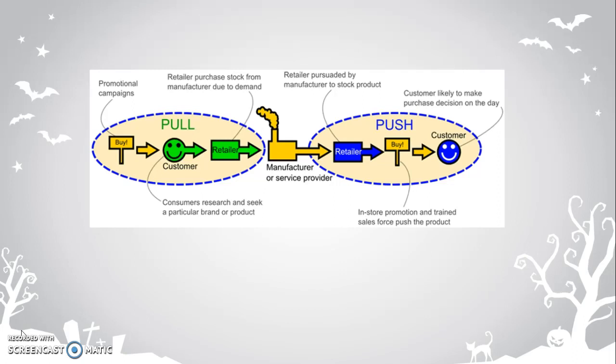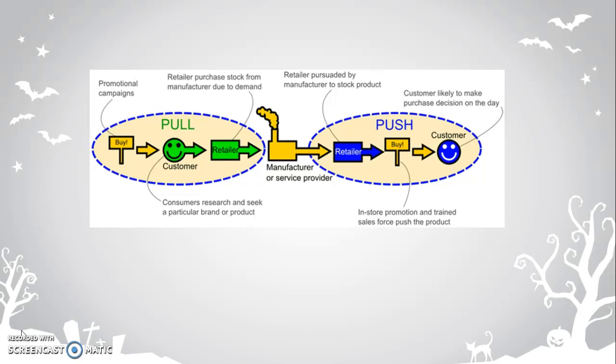So how does the push method work? It's the complete opposite. You produce the amount of products you want to sell, and then you sell it to a retailer and they stock it.